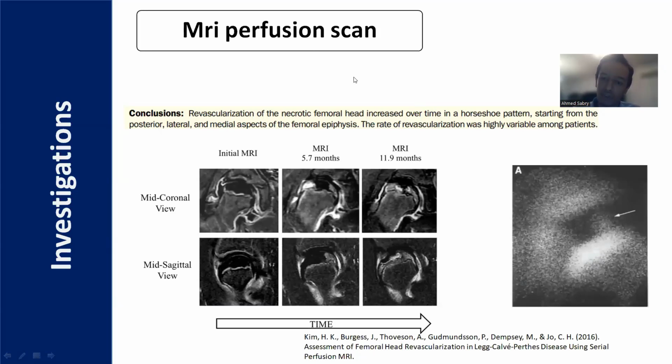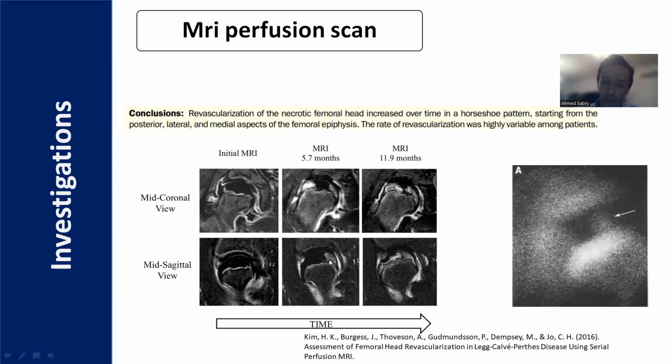Also, MRI perfusion scan can help to determine revascularization. In the picture here, this was an initial MRI with MRI perfusion scan. Later on, at 5.7 months, we started to find that the lateral parts started to revascularize.